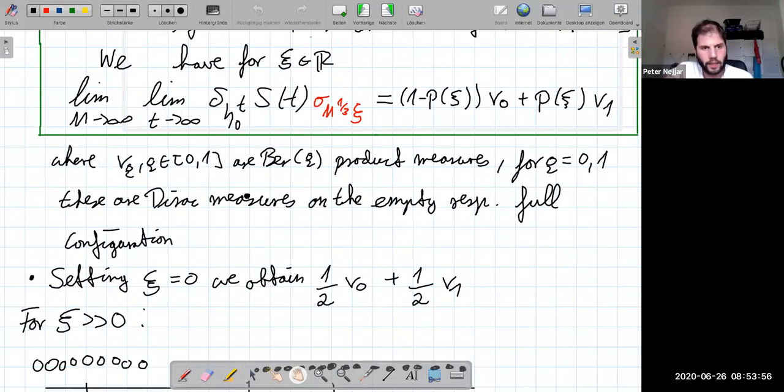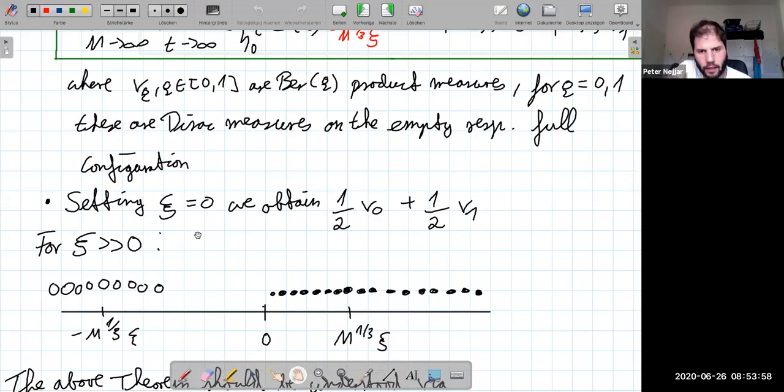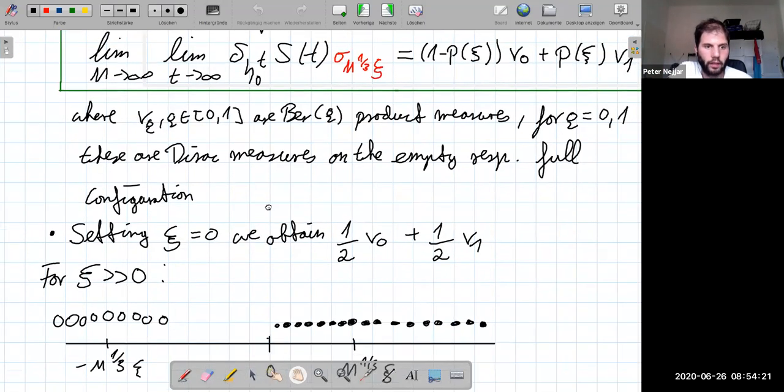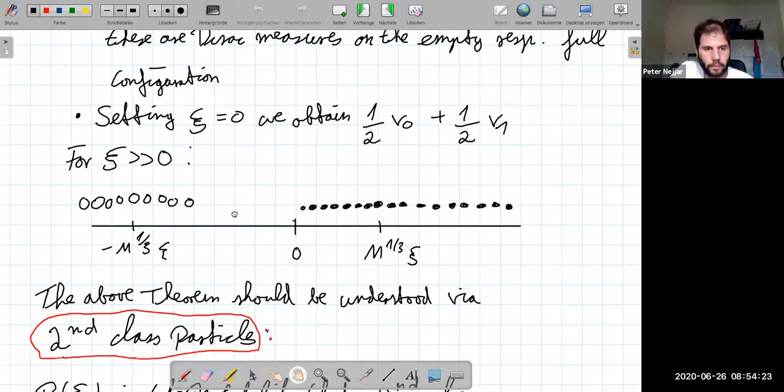So what this means is that if xi becomes very big, and I look at a position m to the power 1/3 times xi, then all I will see are just particles. And likewise, if I look at position minus m to the power 1/3 times xi, all I will see are holes, simply because if xi goes to plus infinity, then p of xi goes to 1.